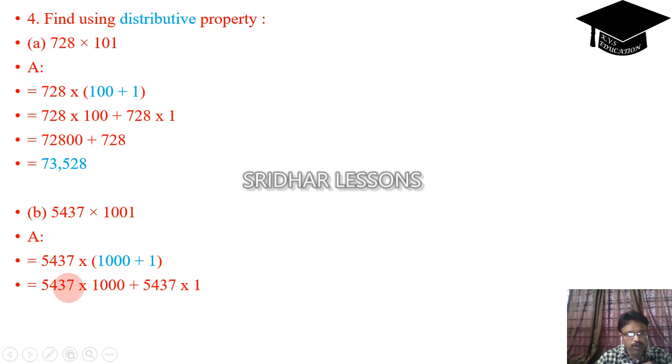You know, we have to add three zeros here. Okay, three zeros were added here, plus 5437. If you can add these two numbers, you are getting this number: 5442437. In other words, 54,42,437.